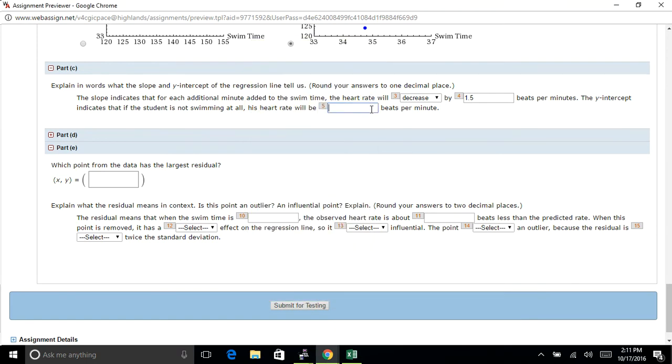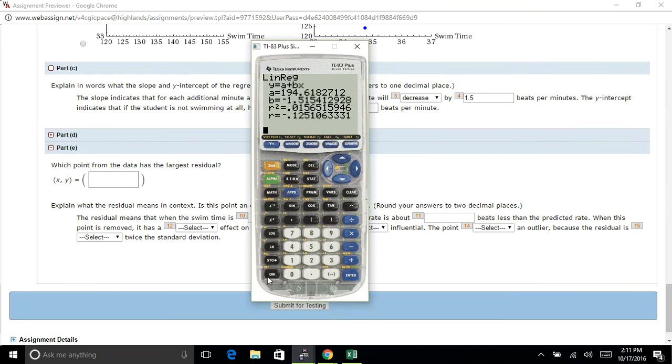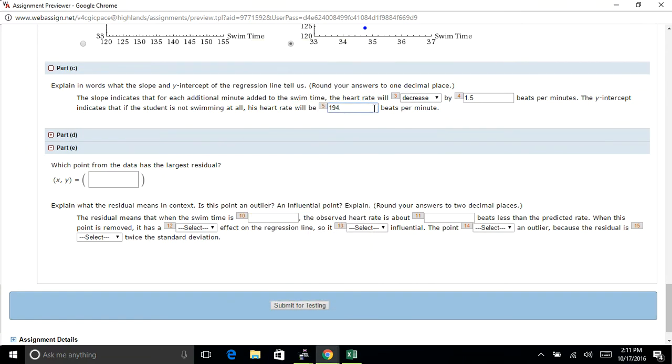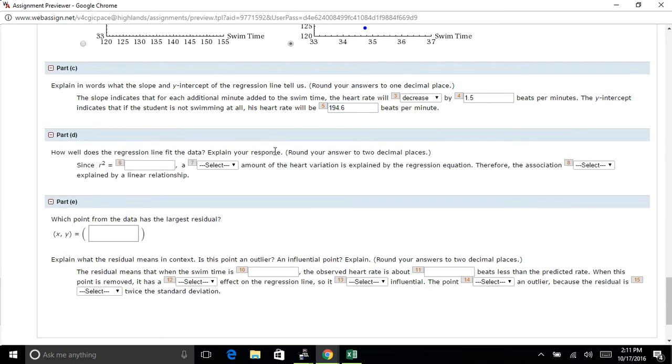Why? That is the y-intercept. It's where the line goes through the y-axis. Okay, so let's do that one again so you can understand. The first part is dealing with B, and the last part is dealing with A, okay? And again, if you use 4 function on the calculator, yours would be backwards from that, okay?